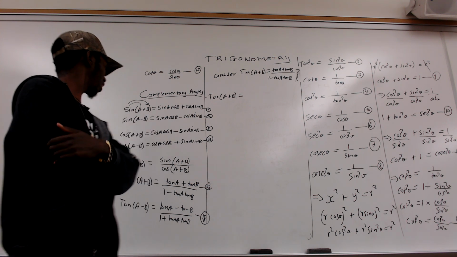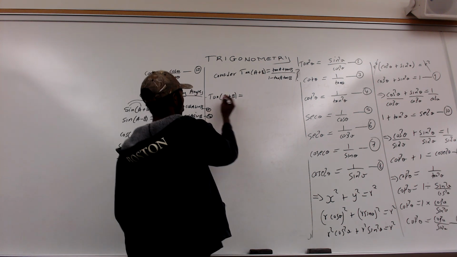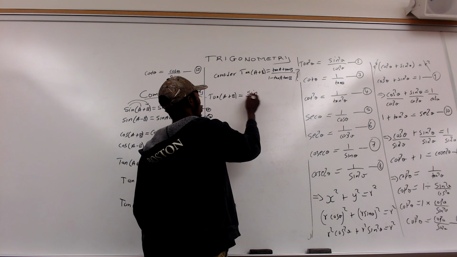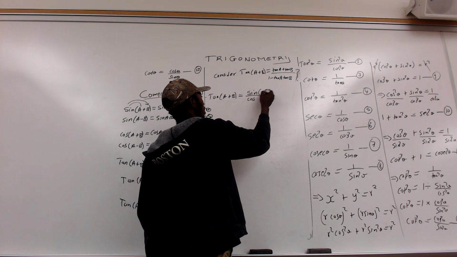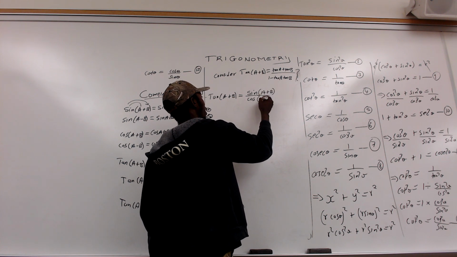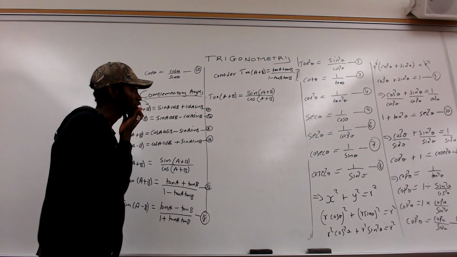If we simplify, definitely we're going to have this value. Let's see what we are going to have. Tan, we know, is sine all over cos. Since the angle given is A plus B, we write A plus B on top and A plus B below. Simple and straightforward.